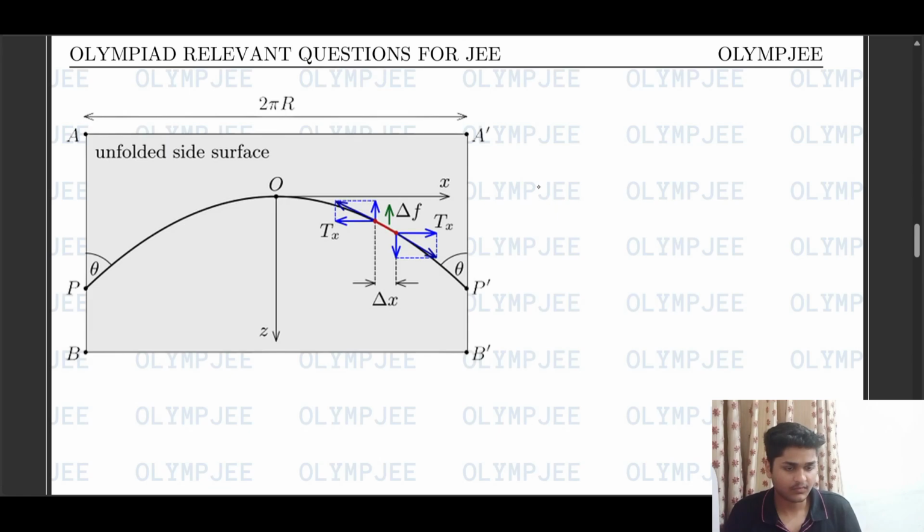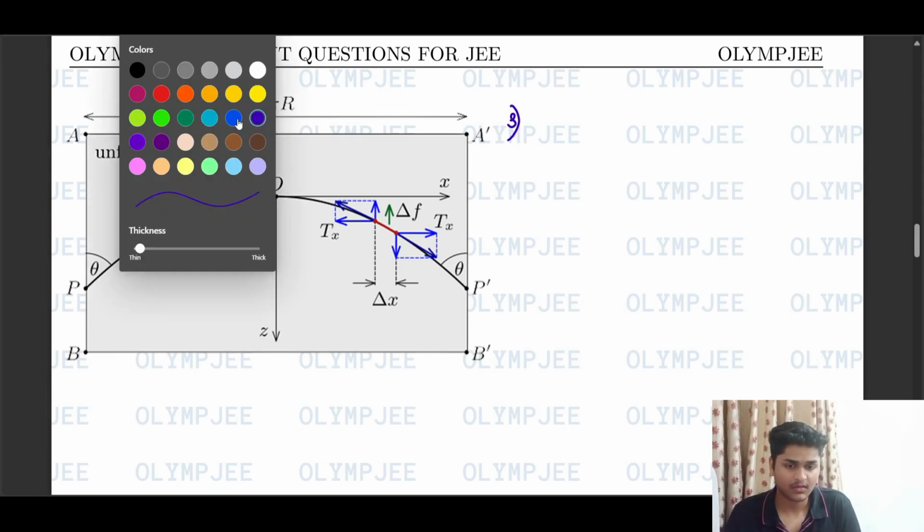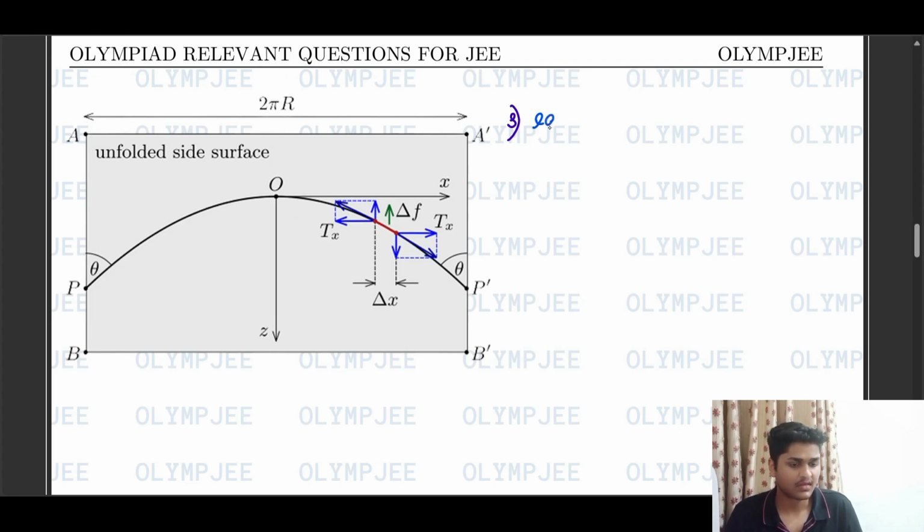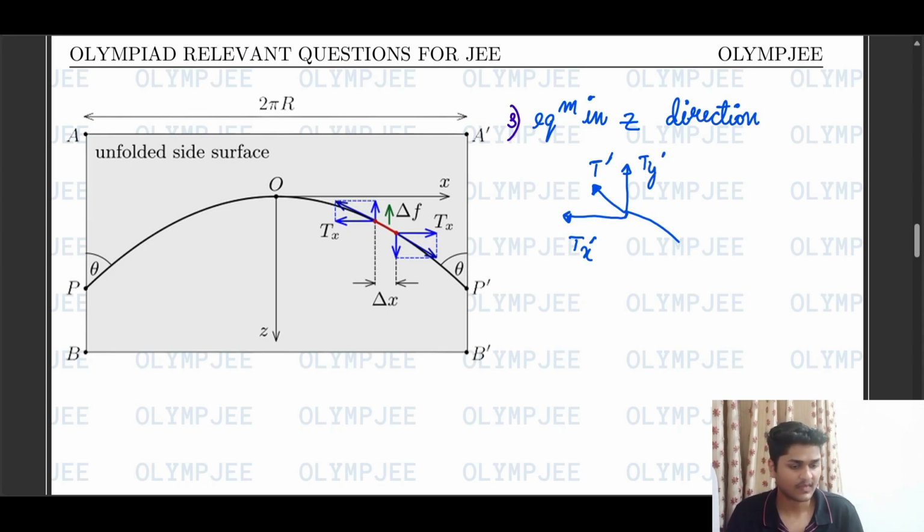Now we are moving to the third equilibrium equation, which is equilibrium in z direction. So this was T dash, this is Tx dash, this is Ty dash, and this was T, this was Tx, oh sorry, this was Ty, and this was Tx.